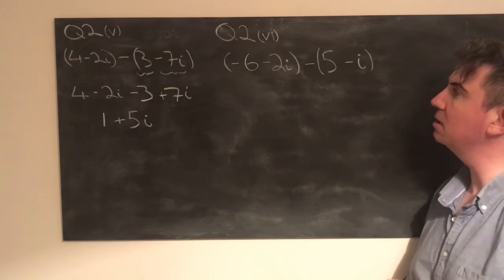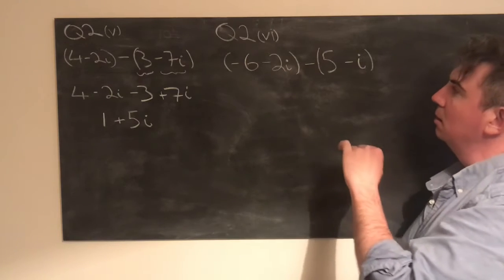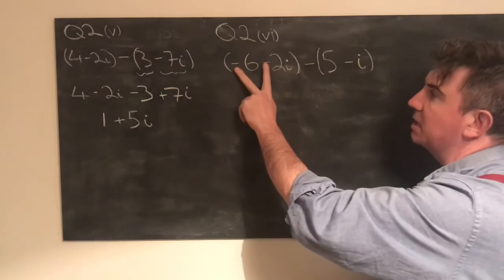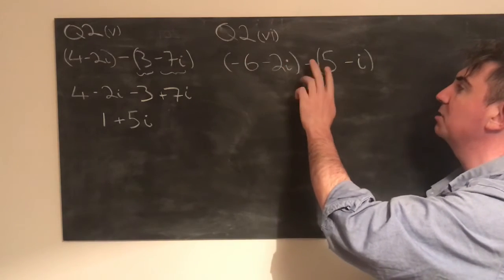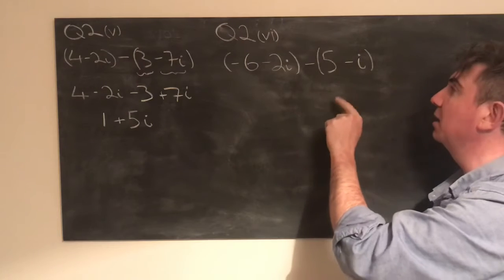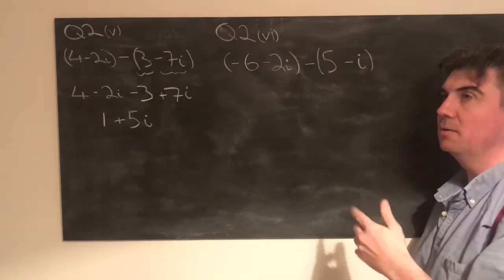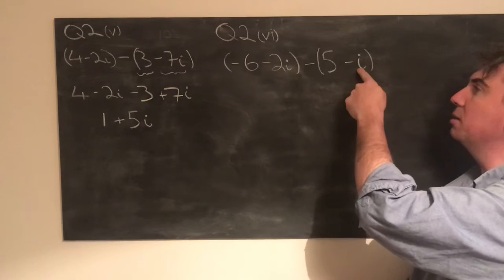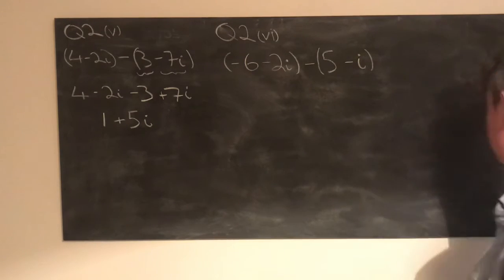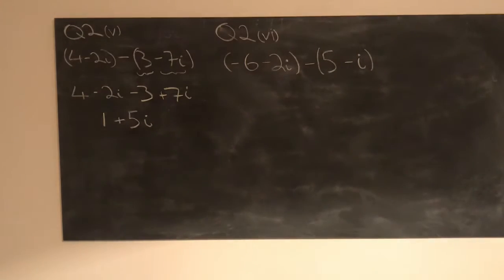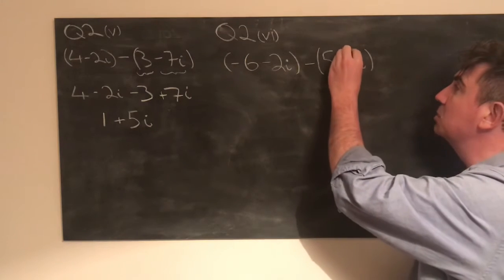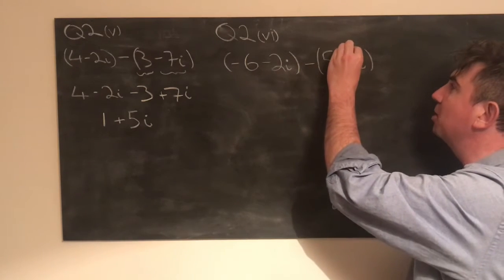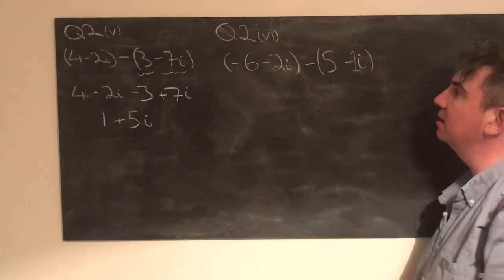So some things to note here. We have negative signs in this bracket over here. So we're starting with a negative 6, negative 2i. And we're taking away a 5. That should be fine. And then we're taking away an i. So technically, what number is in front of this i? We never bother writing it, but it's technically always there. Yeah, so that's technically minus 1i. We would never bother writing it, but it's technically a minus 1i.